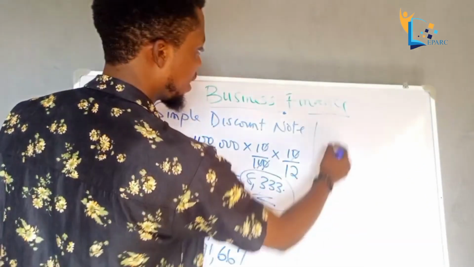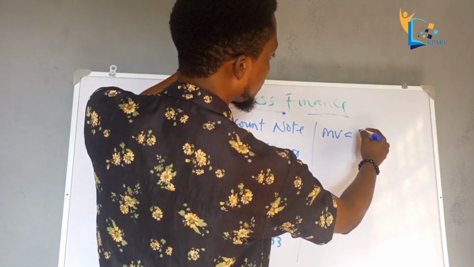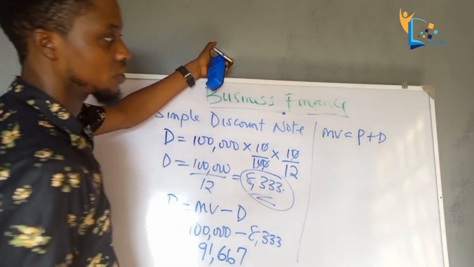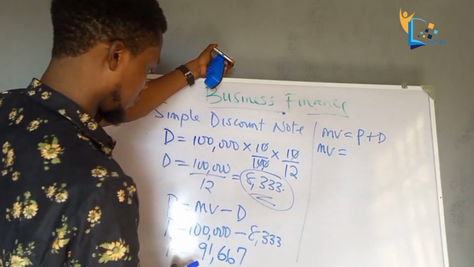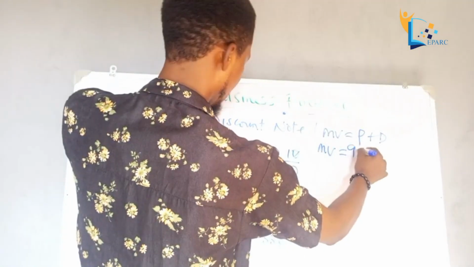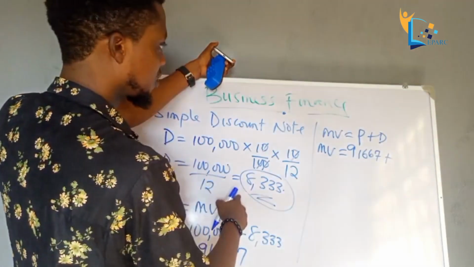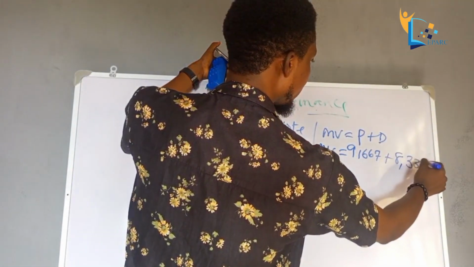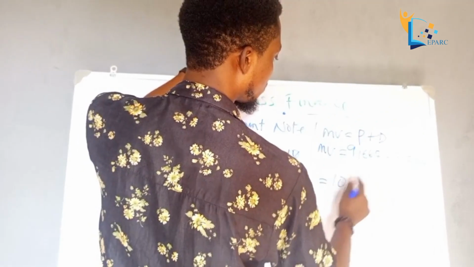Now, the maturity value is equal to the proceed plus the simple discount note. Okay, so maturity value here will be equal to the proceed, 91,667, plus simple discount note, 8,333, which is equal to 100,000.